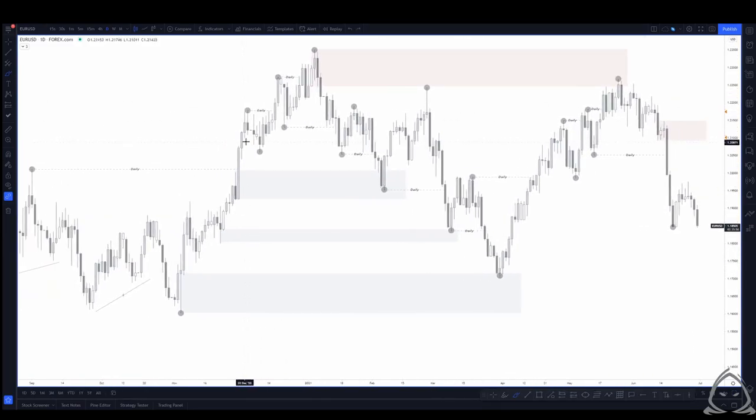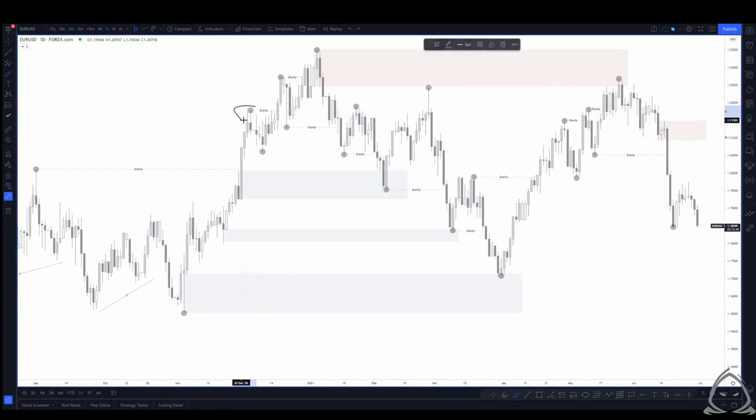And then what we can see is price creates more series of higher highs, higher lows, higher highs, higher lows, followed by a higher high. And then what we can see is the trend actually switches where we get this impulsive move to the downside, creating a lower low because we've broken the previous higher low. We then create a new lower low. This would be our lower high.